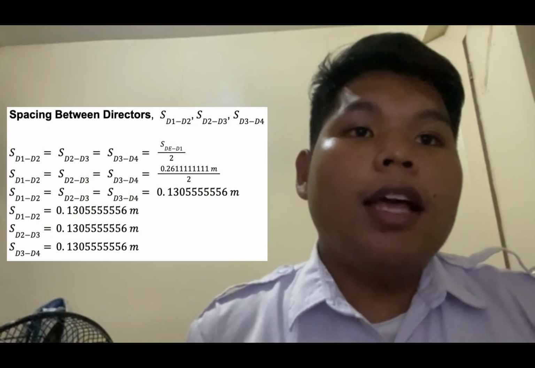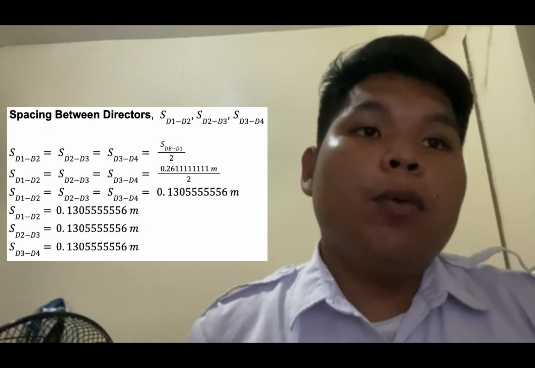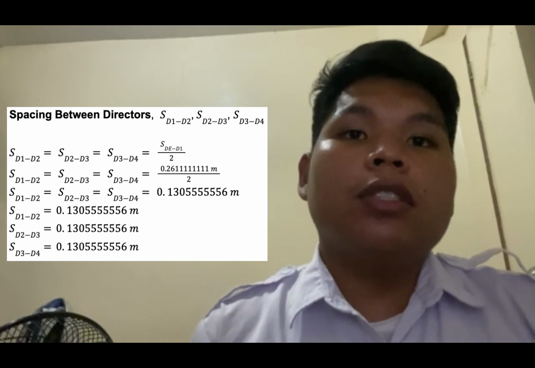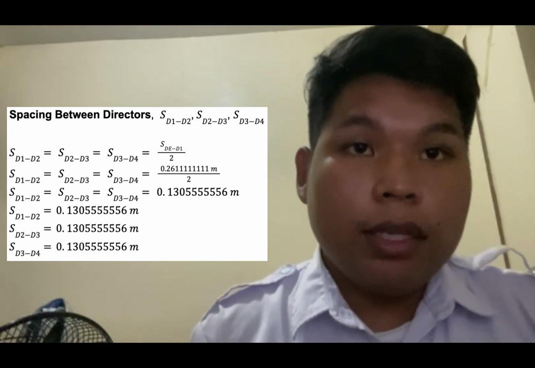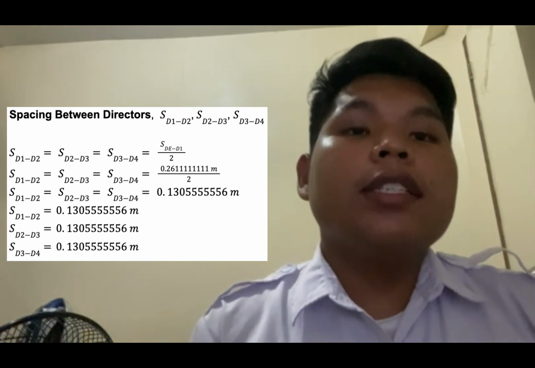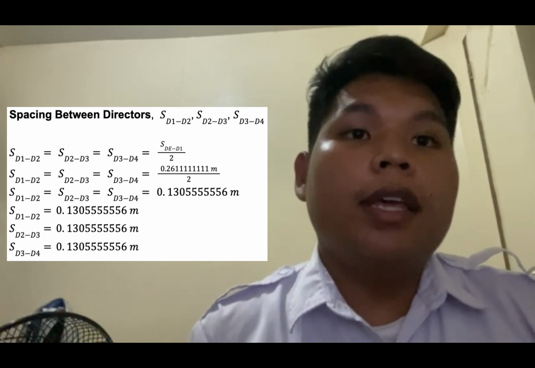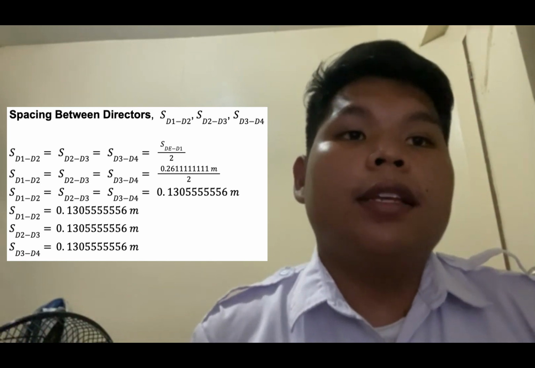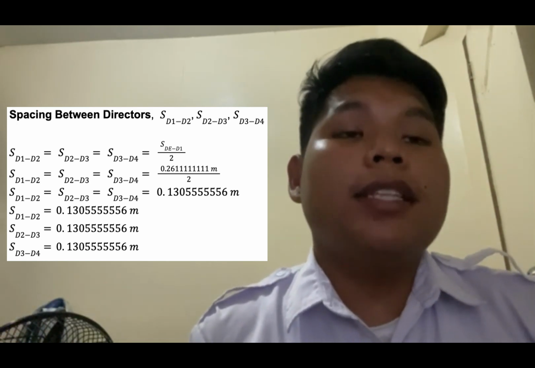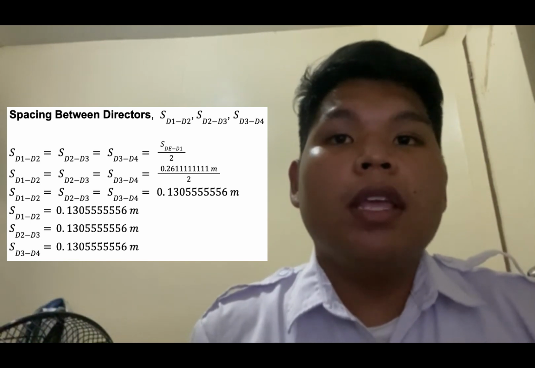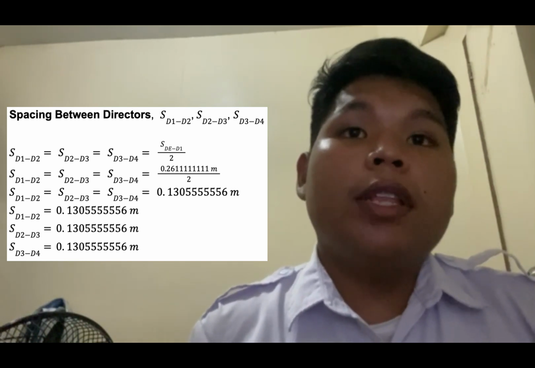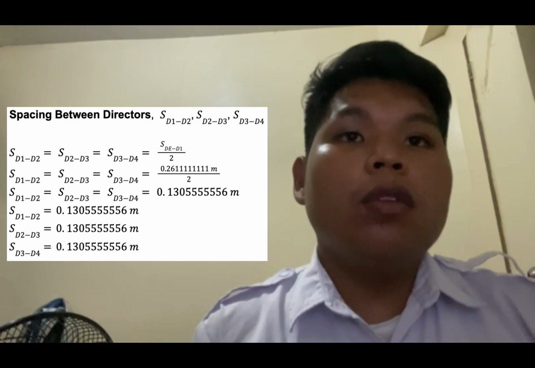Moving on, it leads us to the eighth step in the creation of our antenna, which is finding the spacing between the directors. As my groupmate said before, we would have 4 directors in total, so the symbols are SD1 to SD2, then SD2 to SD3, and the last one is SD3 to SD4. Its formula is SDE to D1 over 2.